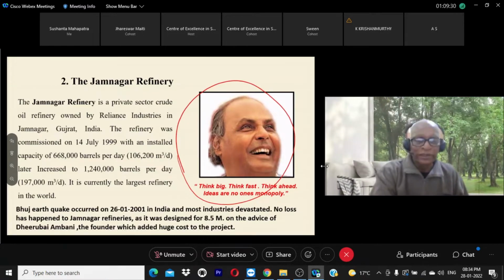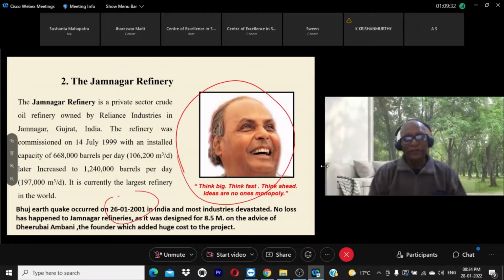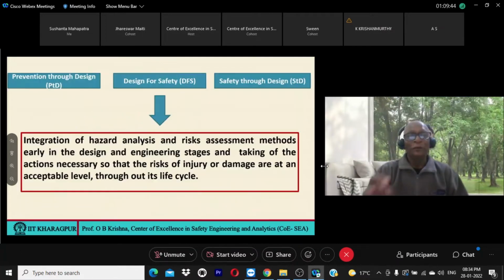And in 2001, the Bhuj earthquake came. All the industries around that area were gutted, except only the Jamnagar refinery. Thinking from the conception.